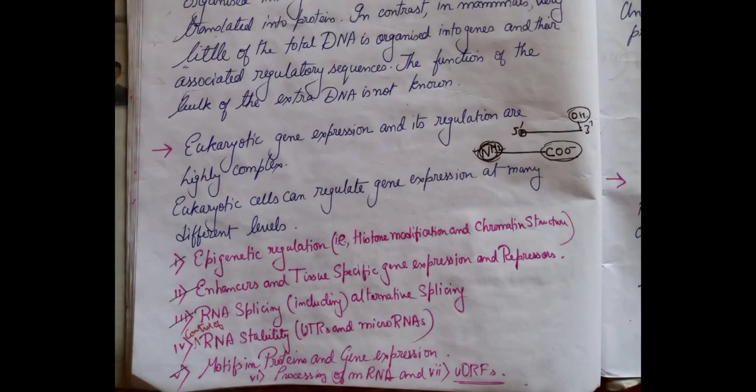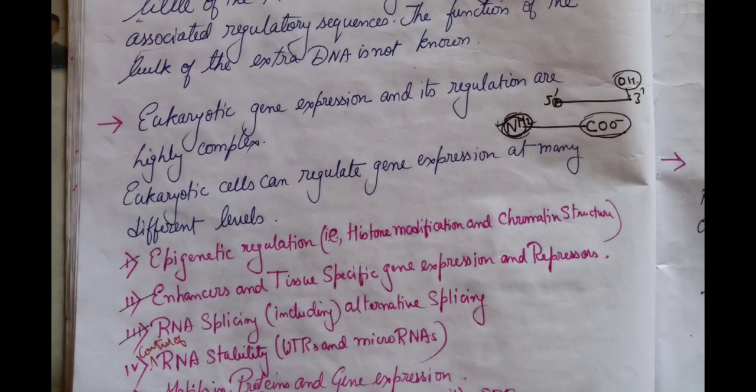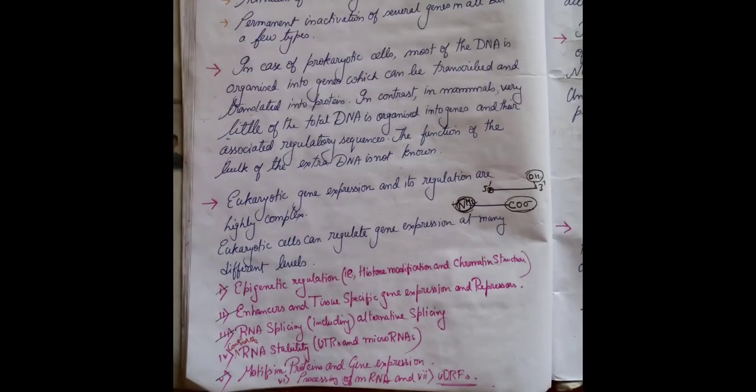Now these are the levels of eukaryotic gene expression. Today I will talk to you only about the epigenetic regulation because it is quite lengthy and it will take a long duration of video, which will take too much storage. So let's move on to the epigenetic regulation.